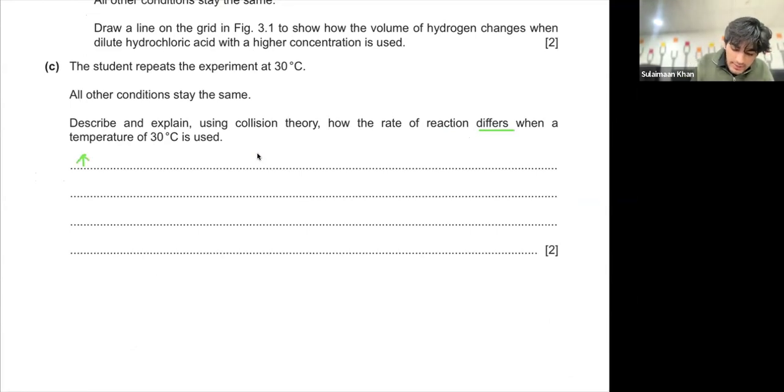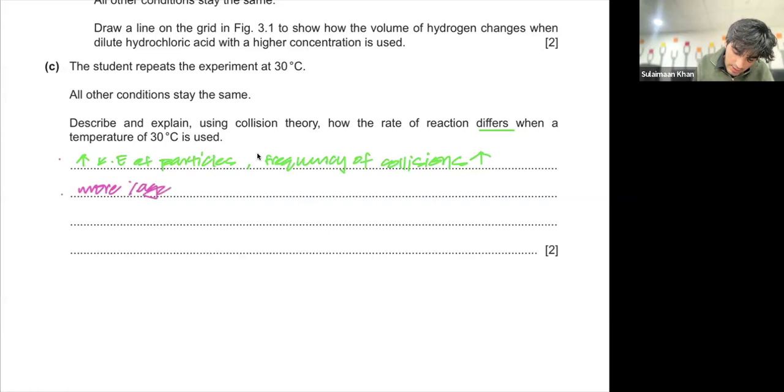Increase in the temperature means now there'll be an increase in kinetic energy of particles. Frequency of collisions increases. देखिए टेम्परेचर उसका फेवरेट पॉइंट है वैसे. Frequency of collisions increases, and what would happen to the proportion of particles? More particles or more percentage of particles, proportion or percentage, it's your choice.